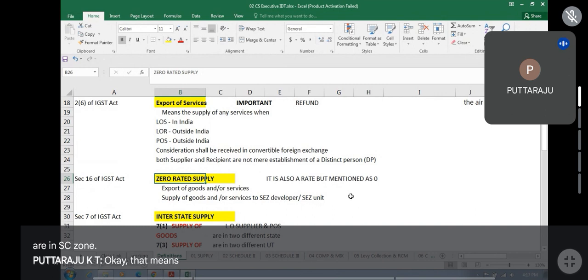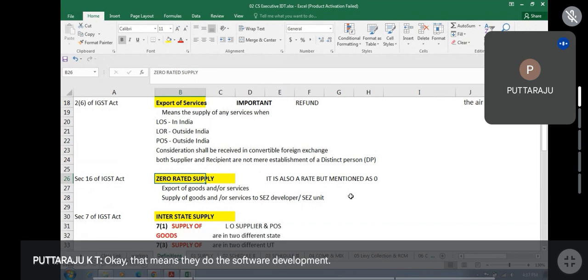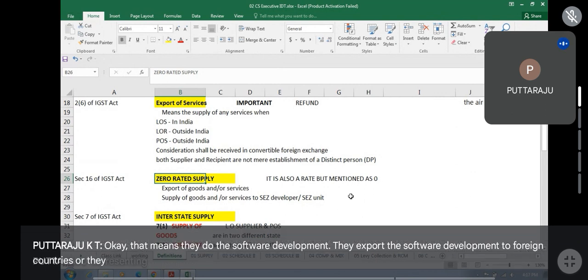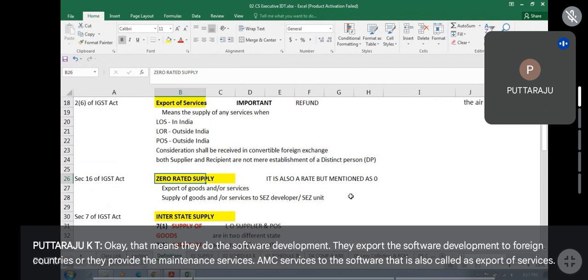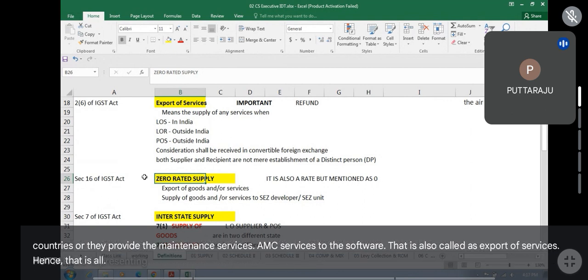They do software development, they export the software development to foreign countries, or they provide maintenance services, AMC services to the software. That is also called export of services. Hence, that is also treated as zero rated supply.